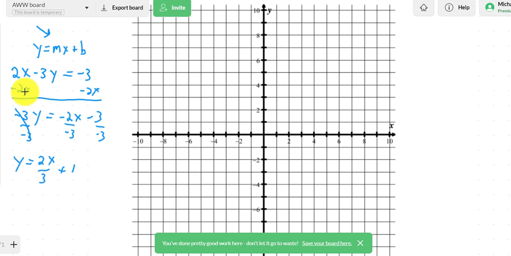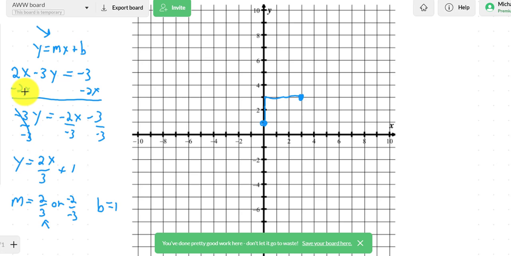Okay? So my m is 2 over 3, or negative 2 over negative 3, right? They both are the same. And b equals 1. So let's start out with the 1. I put my point here. And if I use the 2 over 3, I have to go up 1, 2 units and over 3. 1, 2, 3, right?